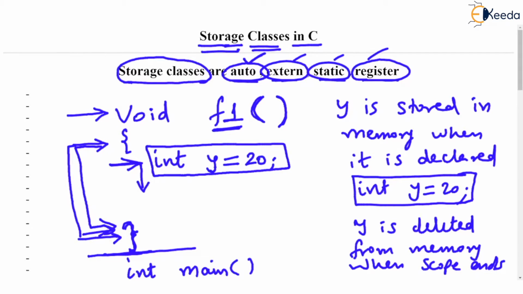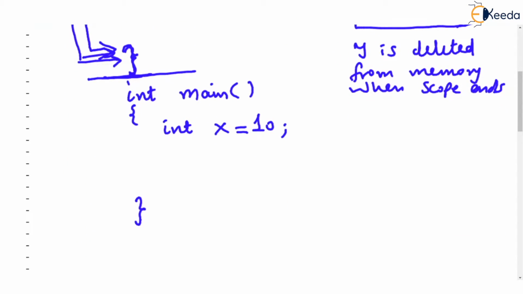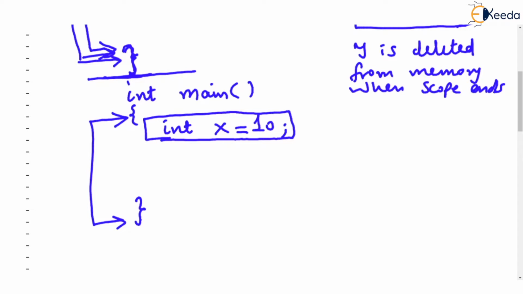Now you observe down below, I'll just scroll down. You see there is main. Obviously, you know, a program is incomplete without main. Then main also has brace open, brace close, correct? This is the scope or boundary, we say. And within this scope, we have declared a variable, int x equal to 10.